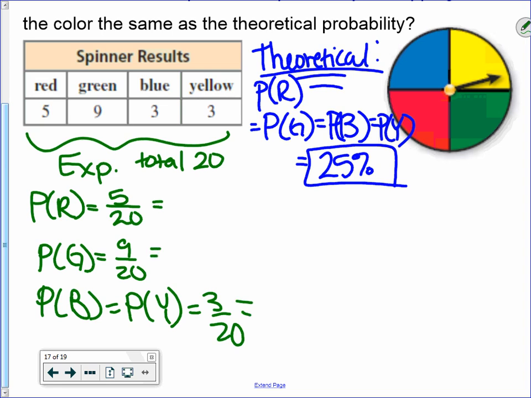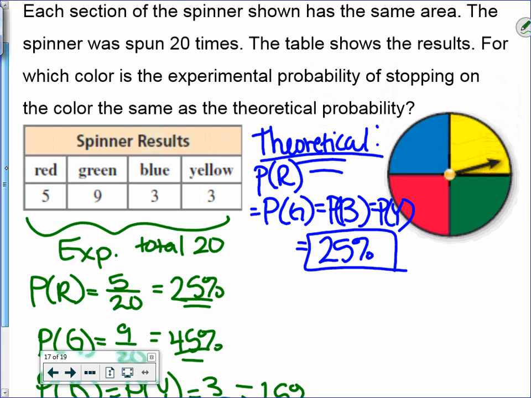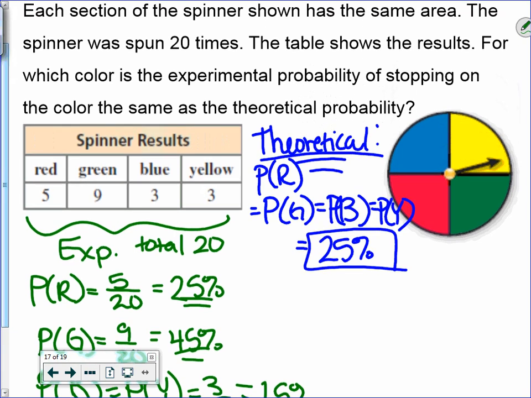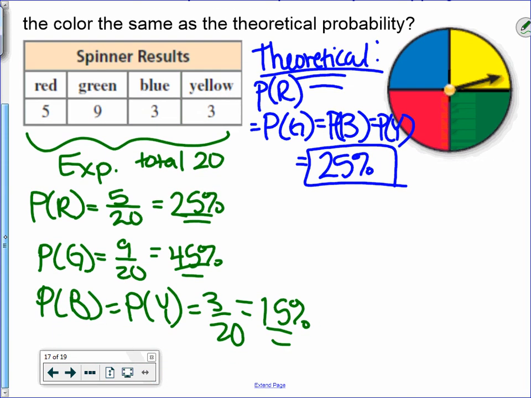So when you take 5 divided by 20, you should get 25%. And then when you take 9 divided by 20, you get 45%. And then 3 divided by 20 is 15%. So if you look at this, it says which color is the experimental probability of stopping on the color the same as the theoretical?